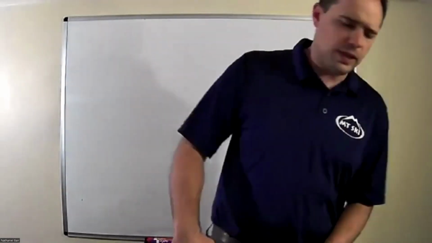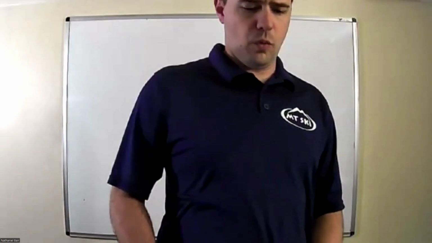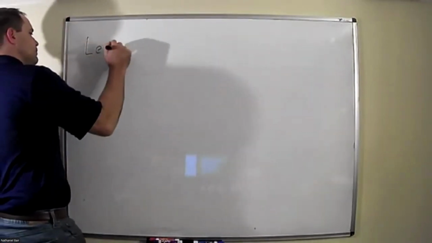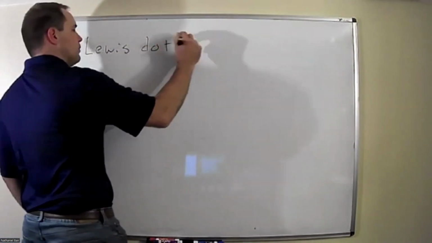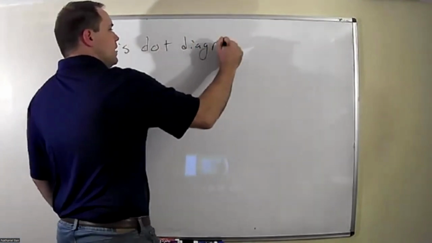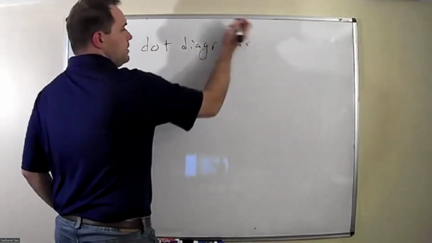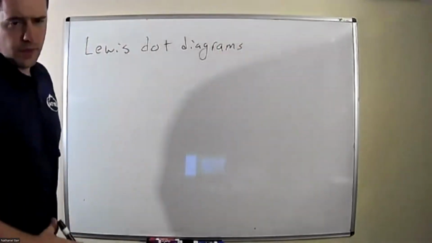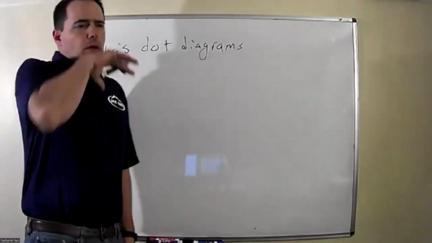These are called Lewis dot diagrams. And again, I actually only like these dot diagrams for ionic structures. We'll talk about why.